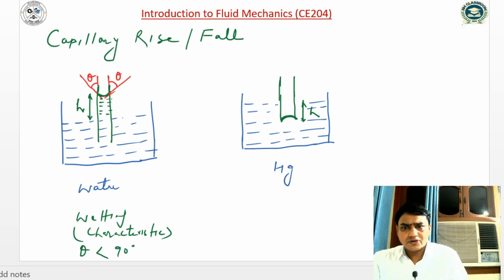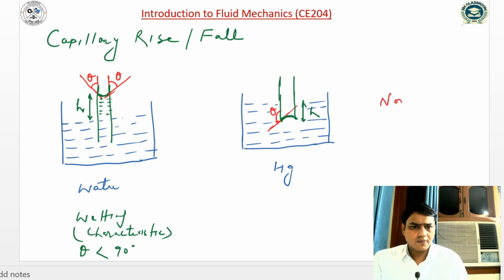Here we can write theta is less than 90 degrees. Here, if I draw the tangent, this will be the angle, this angle theta.